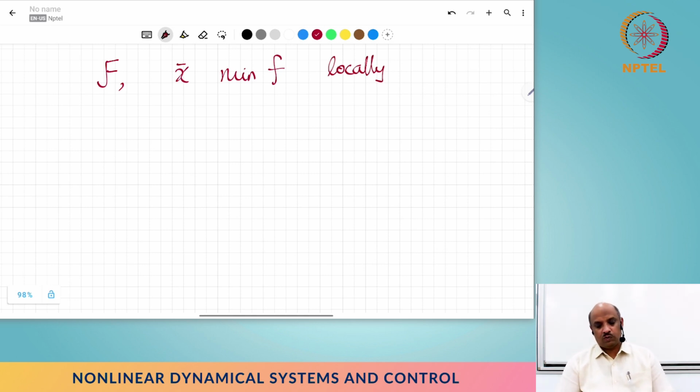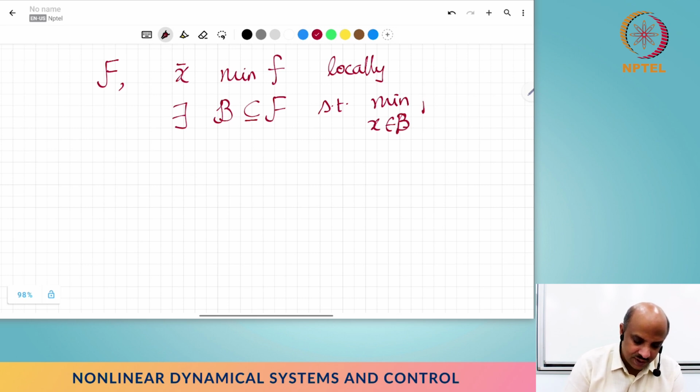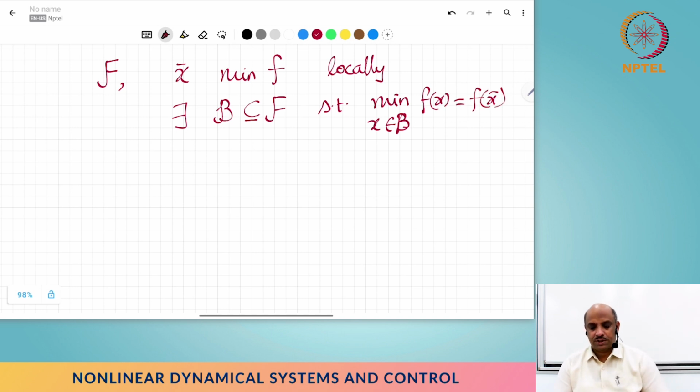What I mean is basically there is a small subset, call it B sub f, such that the minimum over x belonging to this B f of f of x is f of x bar, right? So x bar solves that particular problem, not over the entire set f, but it satisfies in some small region.